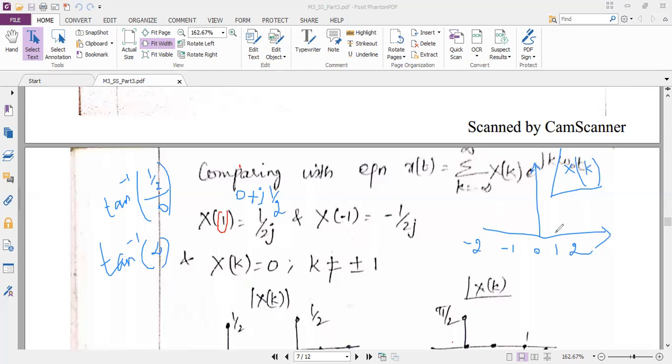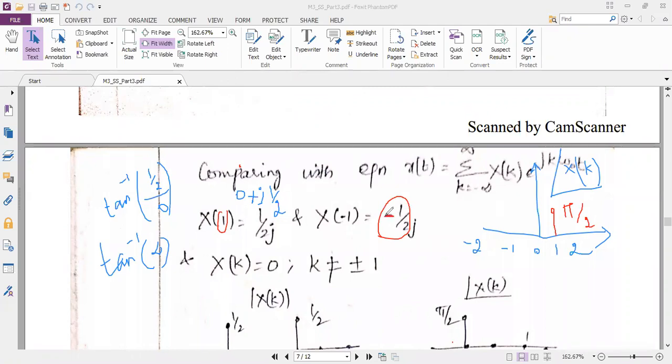So at 1 I will mark 90 degrees. Okay, I have marked 90 degrees. Similarly, when we take the angle for this again, it will be 90 degrees only.